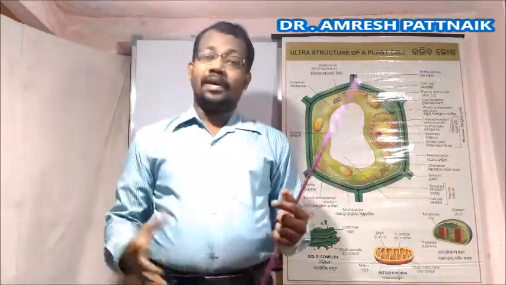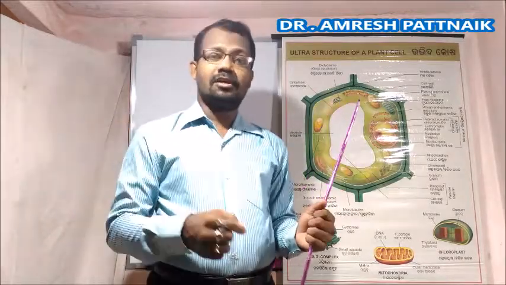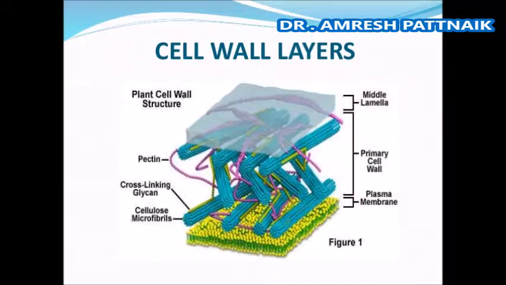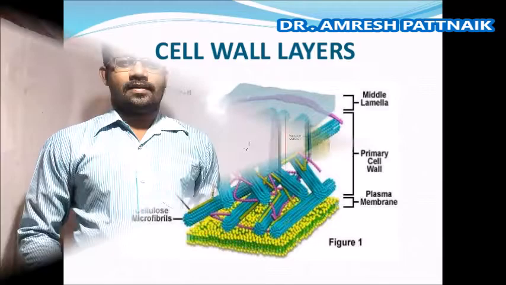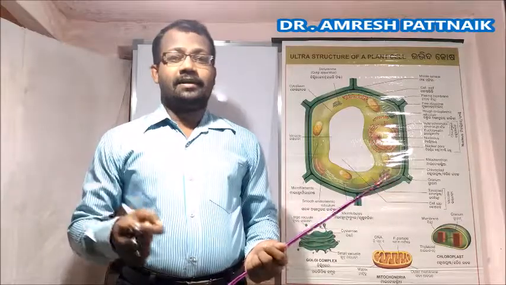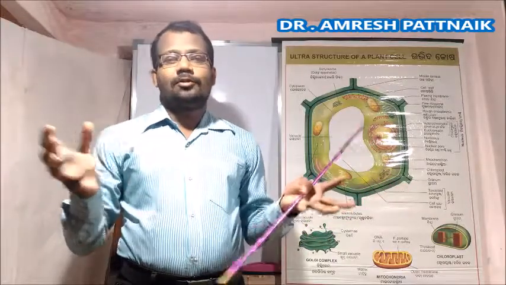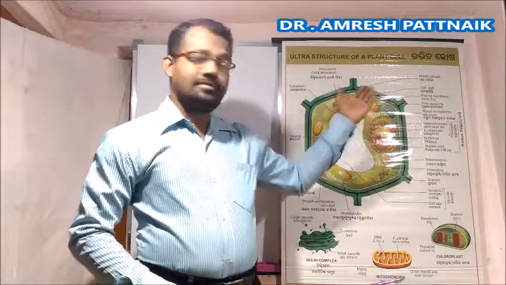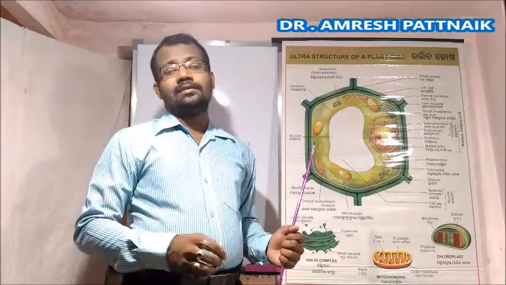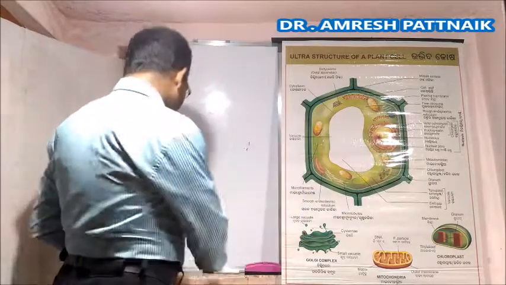The cell wall is made up of cellulose, hemicellulose, pectin, lignin, suberin, like this deposition of material that composes the cell wall. Actually, the total cell is divided into three distinct parts: one is cell wall or the plasma membrane, second is cytoplasm, third is nucleus.